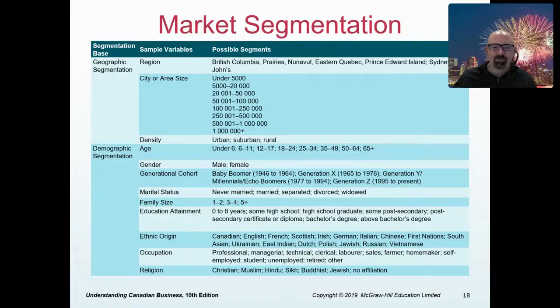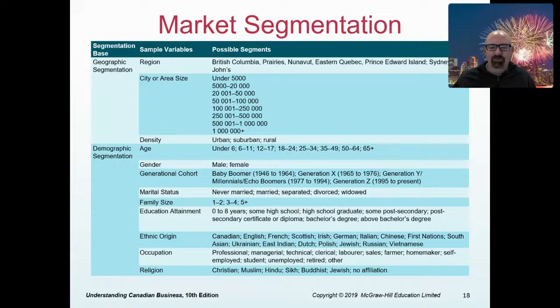Also, ethnic origin and culture, right? People from different ethnicities and different cultures tend to behave similar to their own culture. Again, hear the words, tends to behave, right? Occupation, people in certain occupations as well tend to behave similarly.